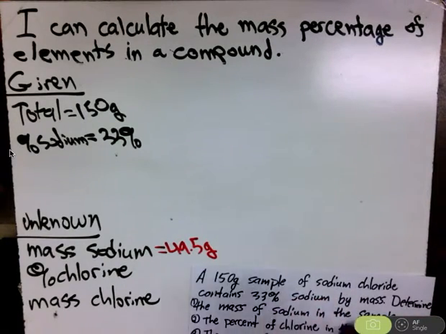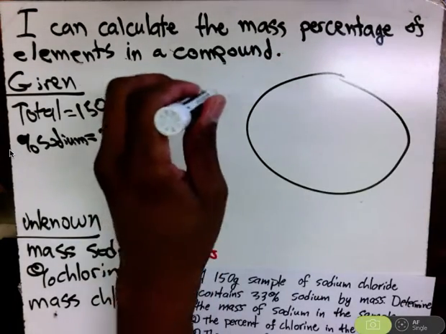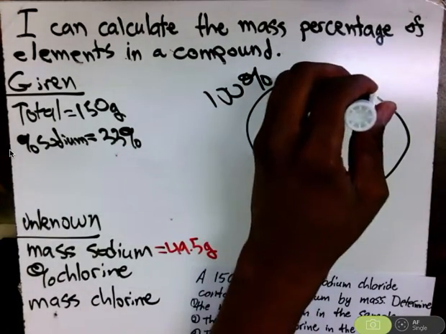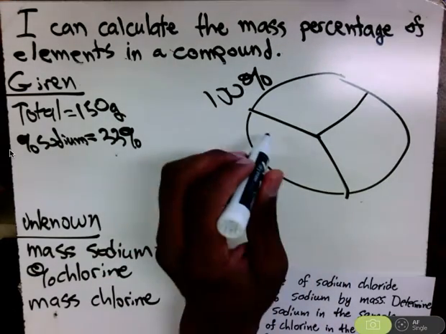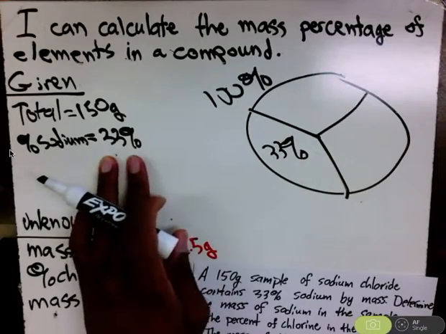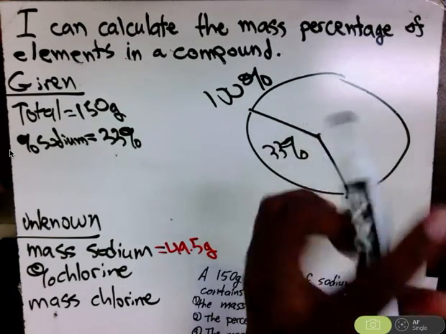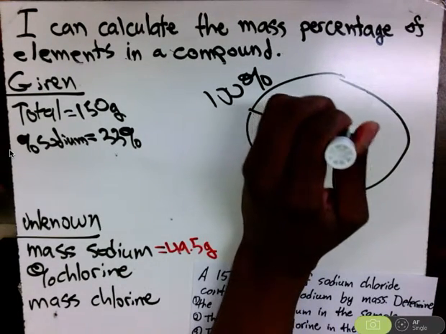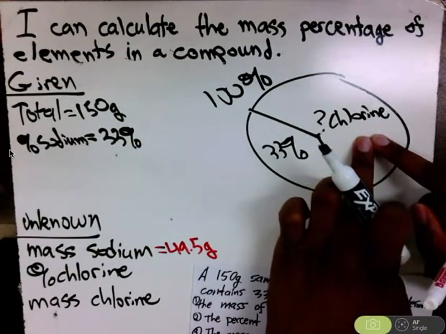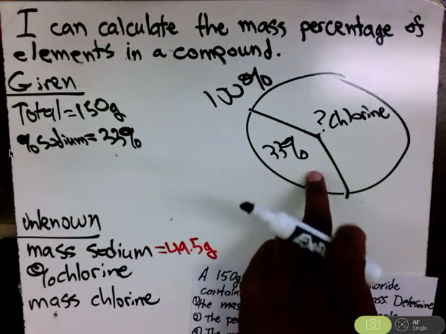Now, if this is my pie chart again, if this whole chart is 100% and 33%, which is a third, is going to be the sodium, the rest is going to be my chlorine. So how do I find the percent of chlorine? Well, I just take my whole minus my percent sodium.